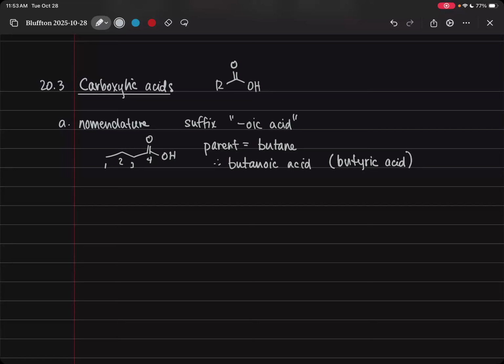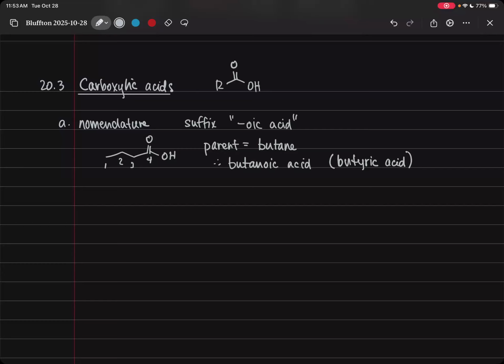Butyric acid. Same root word as butter. That's where the BUT comes from. So this is a component of butter, cheese.